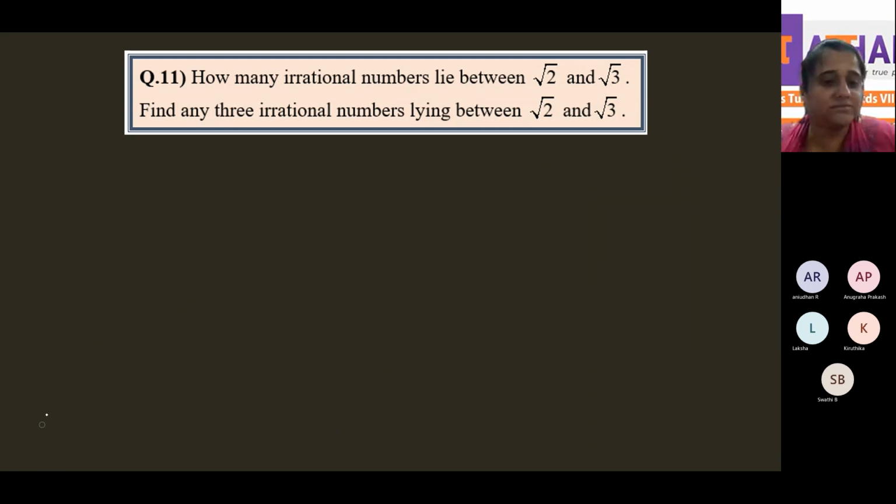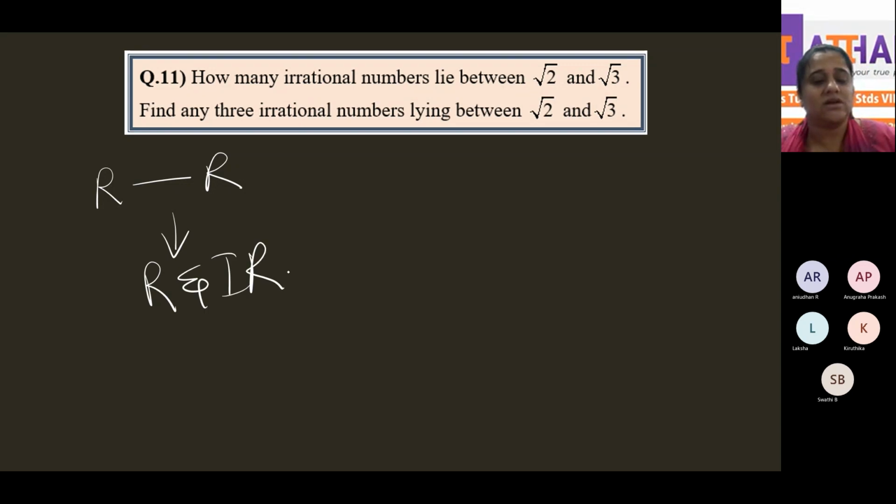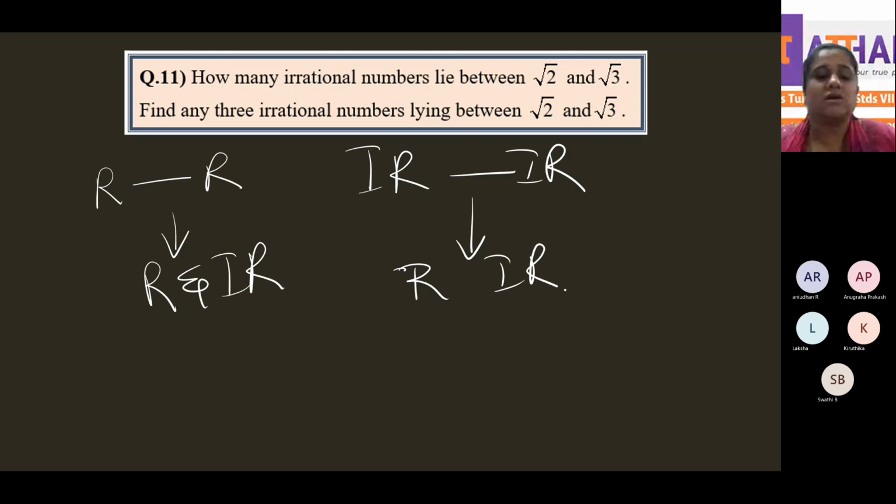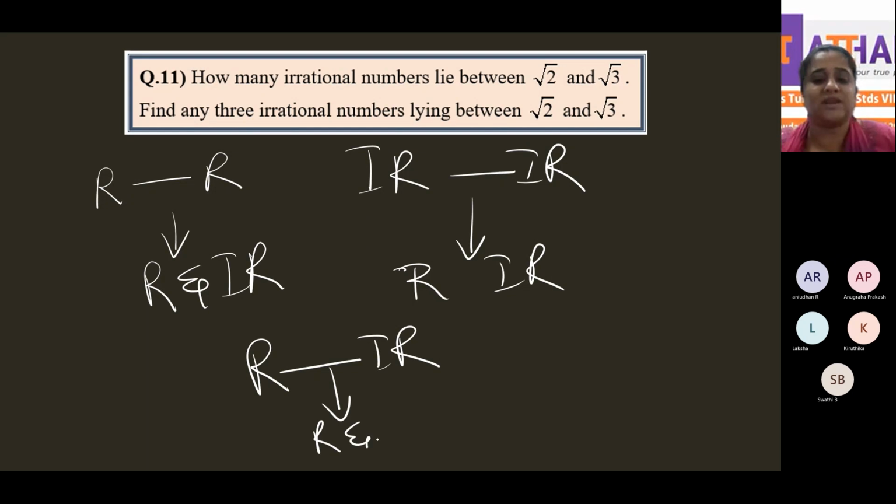I'll write this again. Between two rational numbers, there are infinitely many rationals and irrationals. Between two irrational numbers, there are infinitely many rationals and irrationals. Also, between a rational number and an irrational number, there are infinitely many rationals and irrationals.